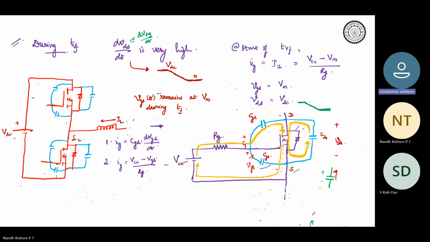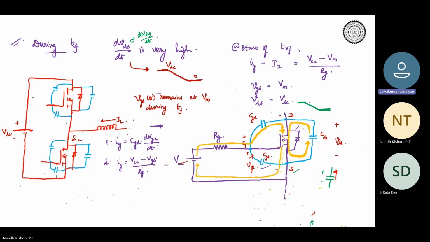It's equal to dVDS by dt. Correct. So it is equal to dVDS by dt, right? So dVDS is changing from where to where? VDS is falling from VDC to 0, right?